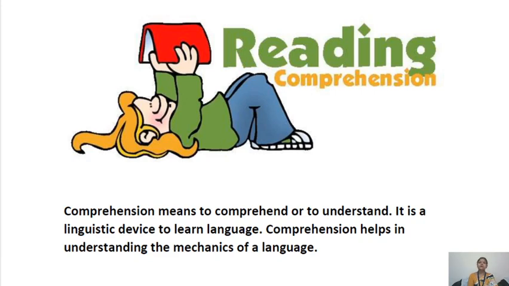So basically the comprehension is of two types: listening comprehension and reading comprehension. Listening comprehension means whatever you understand or comprehend by listening. And reading comprehension means whatever you understand by reading.